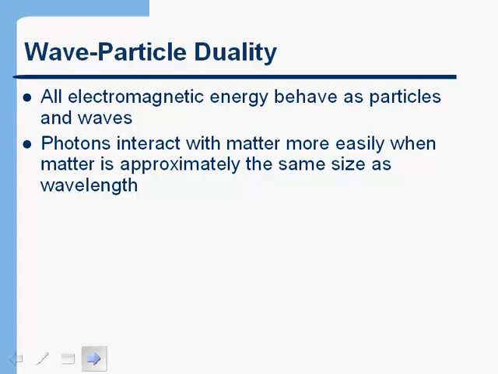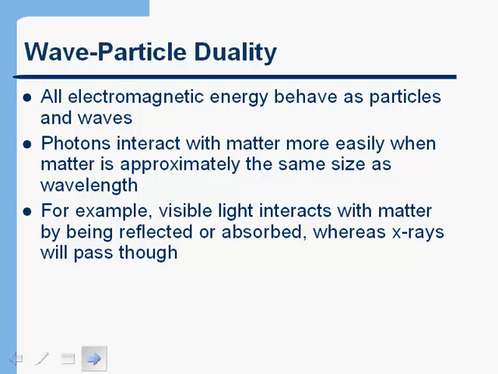For example, because the wavelength of visible light is somewhat similar to the spacing between atoms, visible light can often be absorbed or reflected by regular matter. So again, when light hits the green leaf, some of that light is absorbed, but the green gets reflected, and that's why the leaf appears green to us. If we look at other parts of the spectrum, for example, X-rays, because each photon has so much more energy, it acts more like particles than like waves.